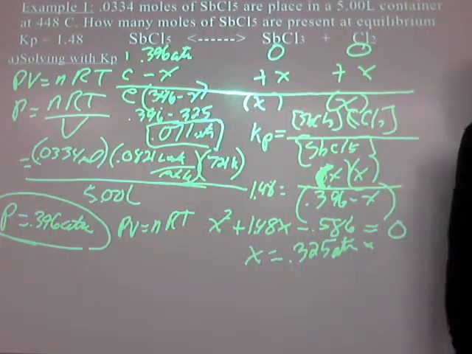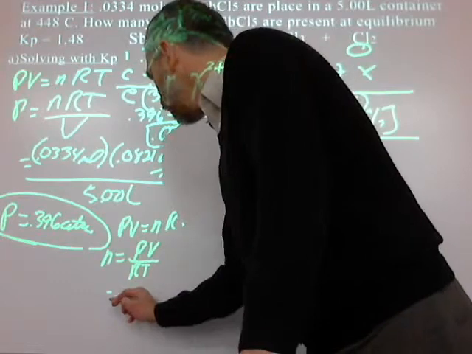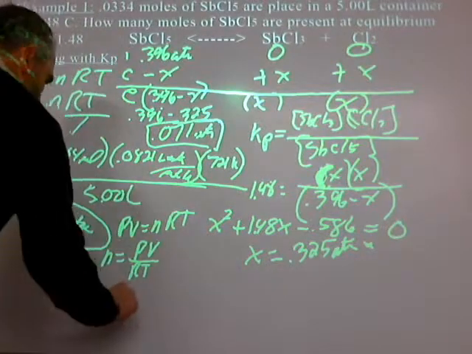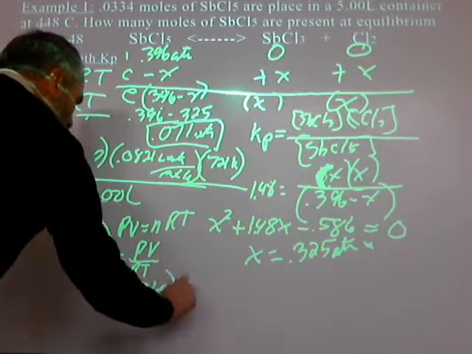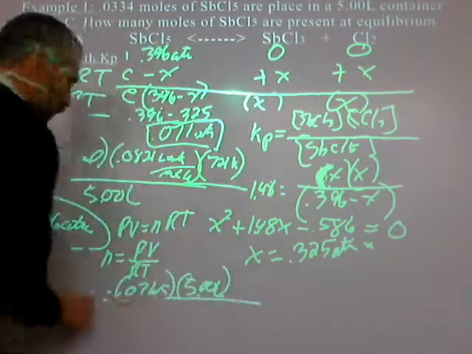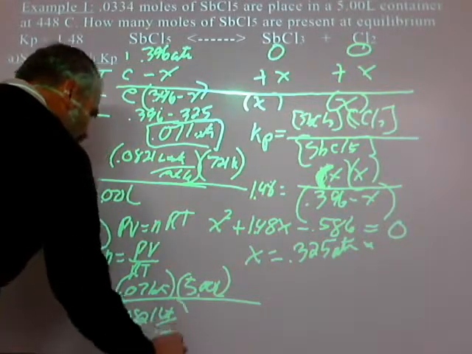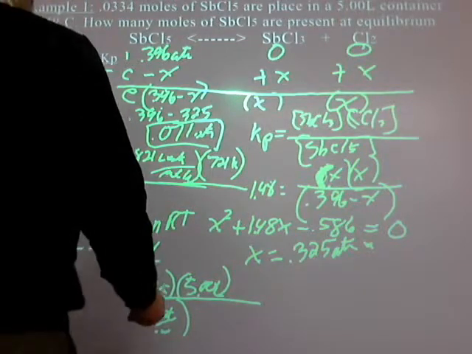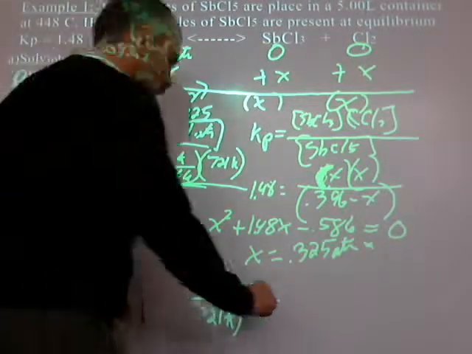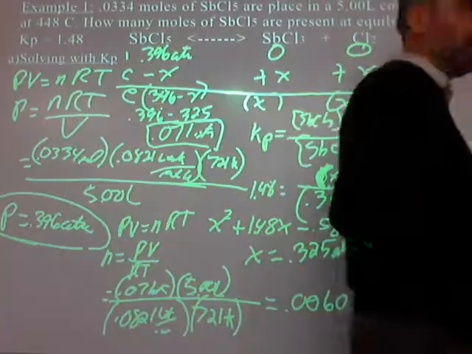I'll solve for moles, which is N. So N equals PV over RT, which equals my pressure, which is, don't use this number, that's only X, the pressure is actually 0.071 atmospheres, times the volume, 5.0 liters, over 0.0821 liter atmosphere per Kelvin and 721 Kelvin. So you get 0.0060 moles.